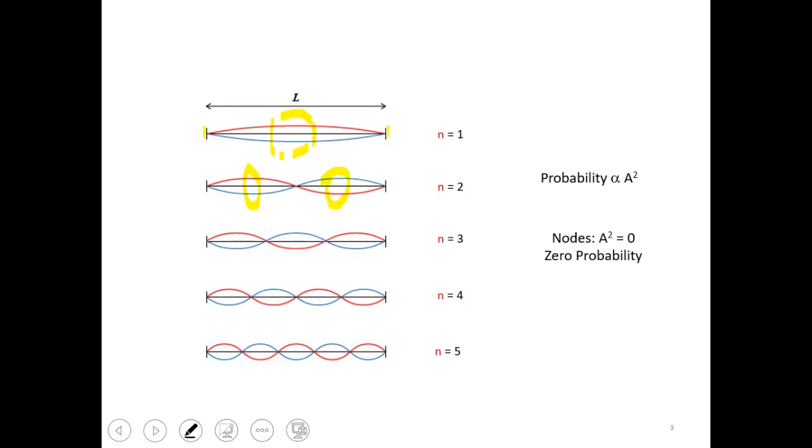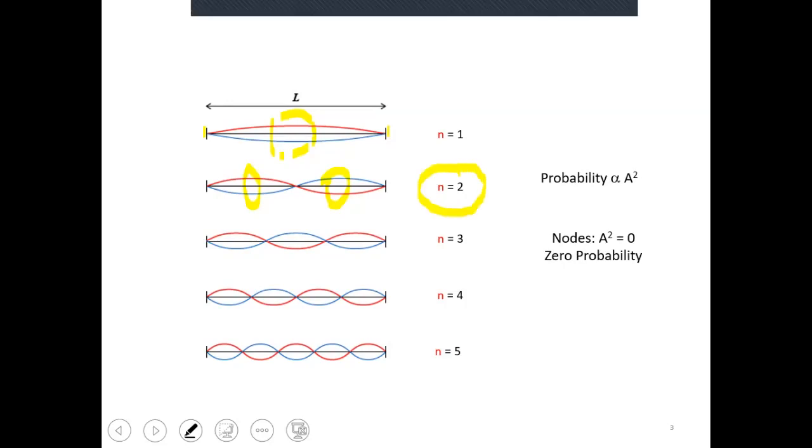We are saying that if an electron has wave properties corresponding, let's say, to the second harmonic here, n equals 2, that tells me that the electron has a high probability of being in 2 regions of space without ever being in the middle.